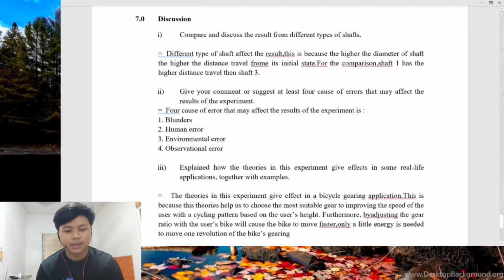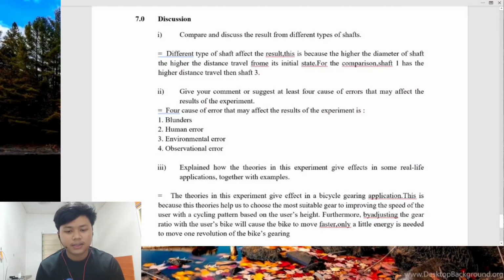And number 3 is environmental error. Environmental error happens in the experiment, maybe when the wind has a higher speed during the experiment and affects the reading.